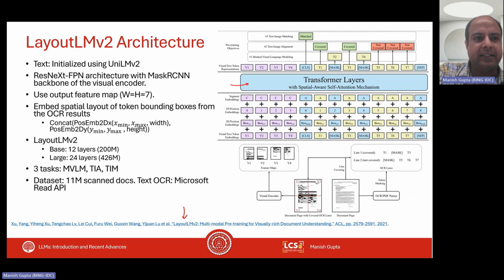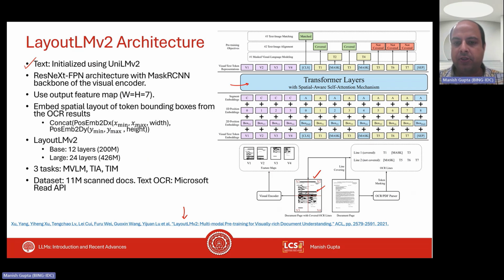In their particular case, they used a transformer called UniLM-V2 to initialize, and then took domain-specific, visually rich layout data and trained this model using document-specific loss functions as well. So very broadly, what they do is take the document and mask out certain lines on this document. So they hide out certain lines, which I'll call hidden-out lines.